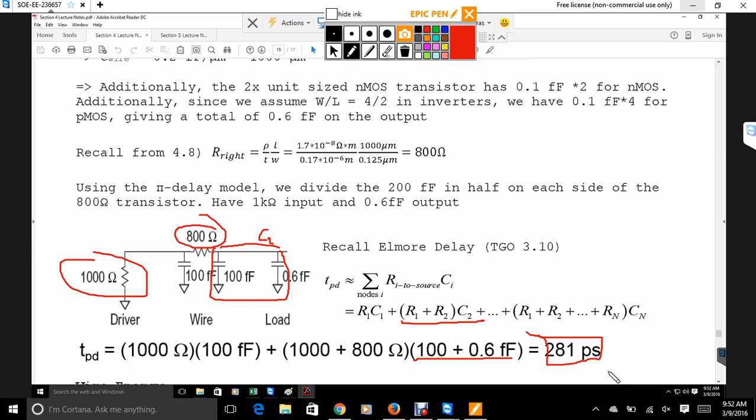If you recall, you had a table from before where we derived all the relationships between the input capacitances of an inverter versus a 2-input NAND gate versus a 3-input NOR gate, right? And it's just 2n plus 1, based on the number of inputs.